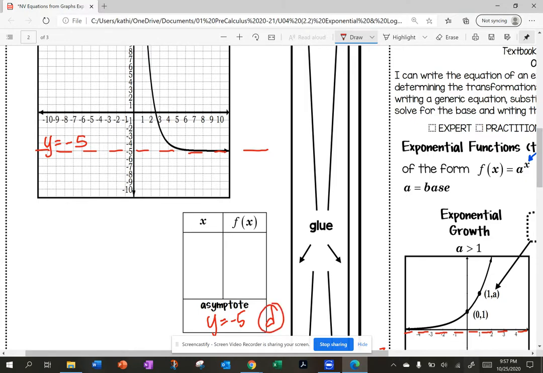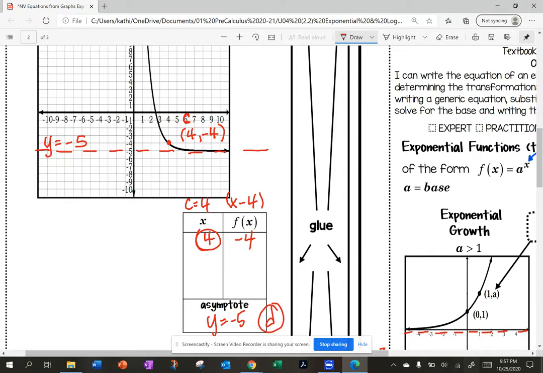Now I'm looking for the point that is 1 unit above. I see that's this point right here, which is 4, 4. So I know C is 4. This is my C value. So C equals 4, and I write that as x minus 4 as a factor.